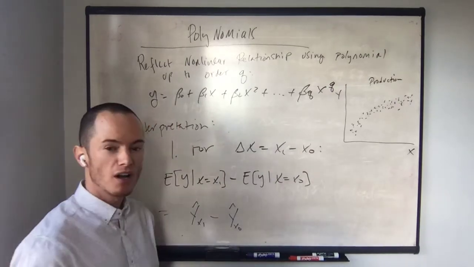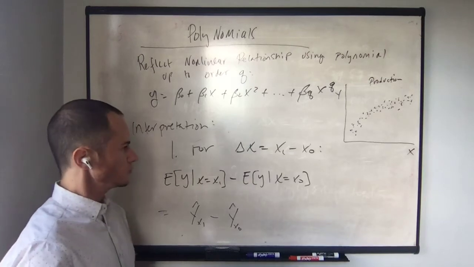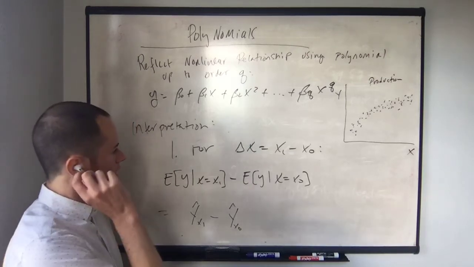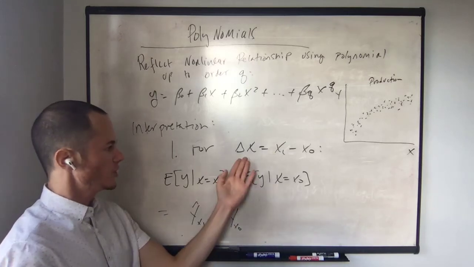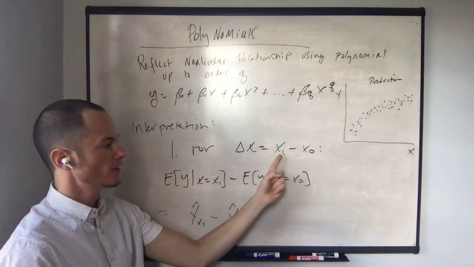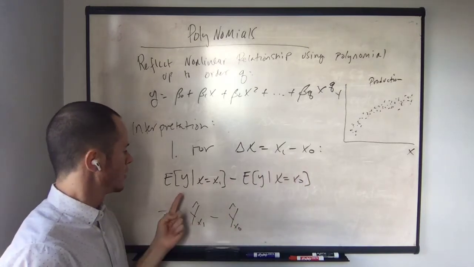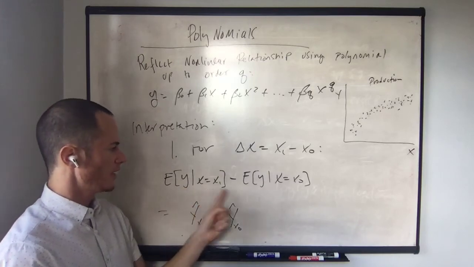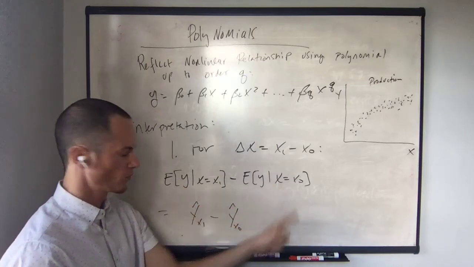The interpretation of a polynomial can be completed two different ways. First, for a change in x from an initial value to an ending value, we calculate y for the ending value and subtract y for the initial value, right?